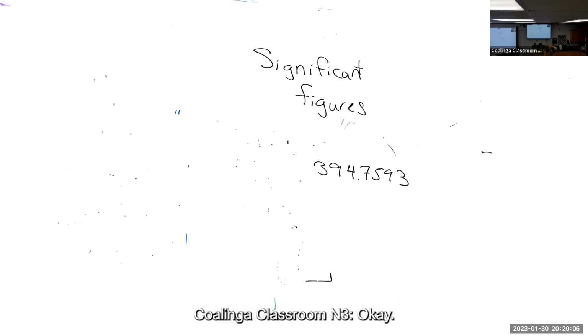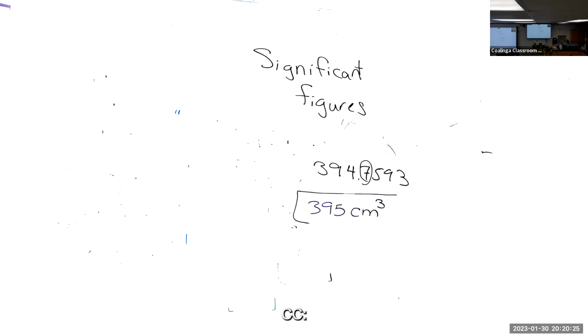Okay, so you said there's 3 sig figs, then we're using 7 to round, and our units are just centimeters, cc.